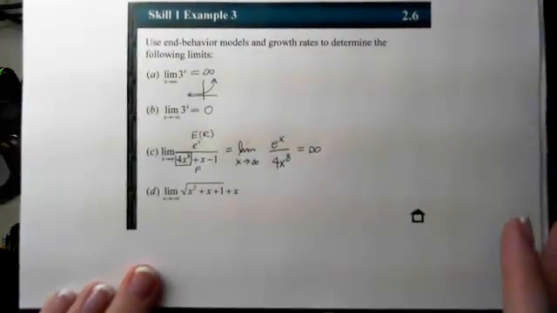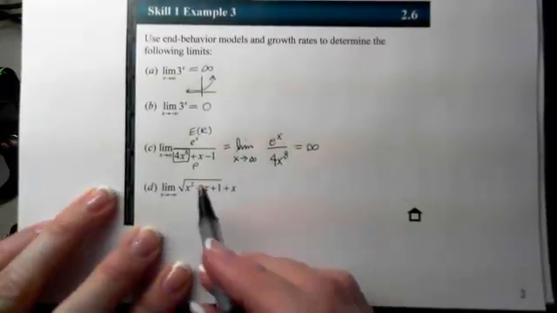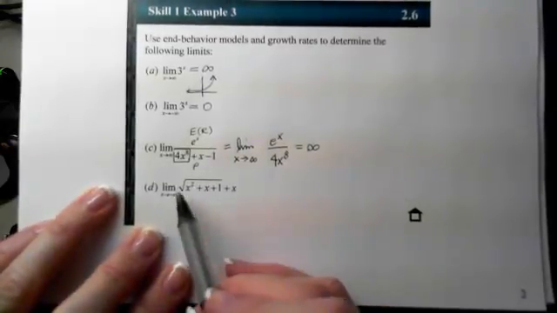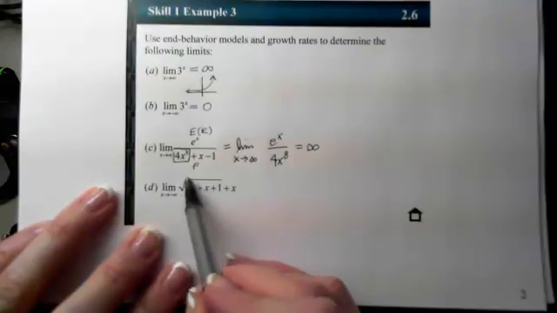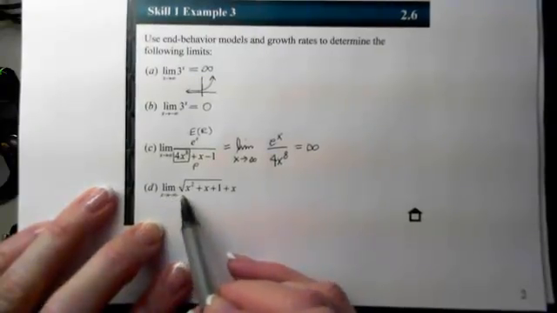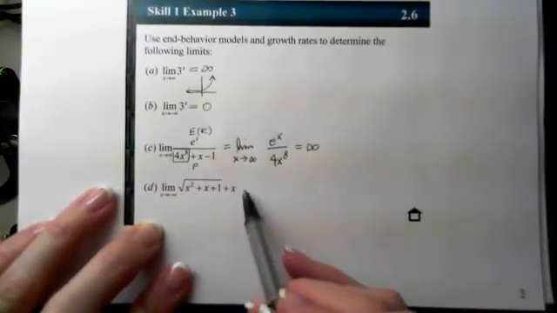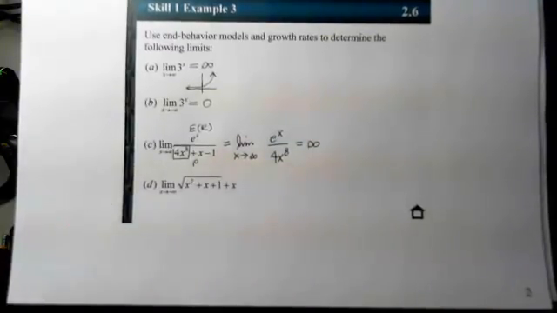The final example, part D, is a little trickier because at first instinct you might want to select the dominant term, which is the square root of x squared, which as you're traveling to the left will be the same as the opposite of x, and then you add x, so you might think that you end up with 0 as your answer.